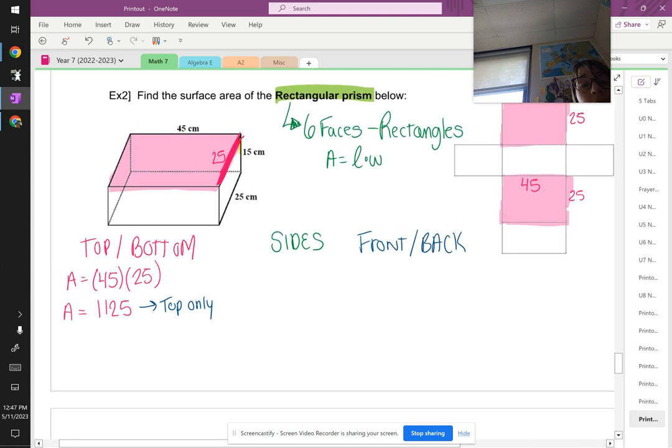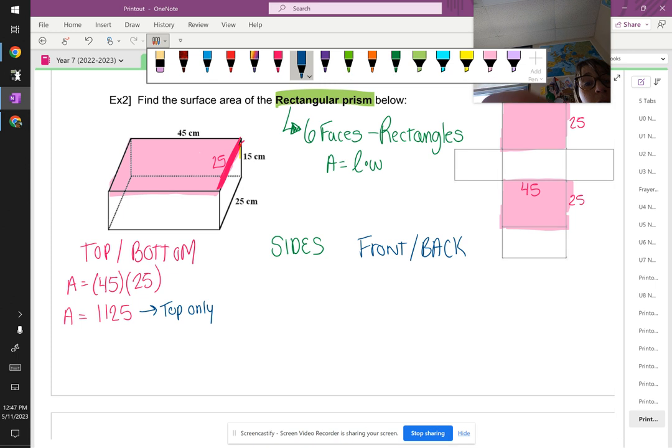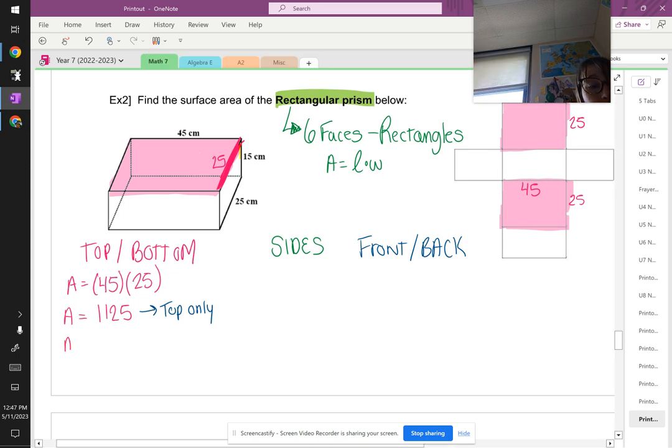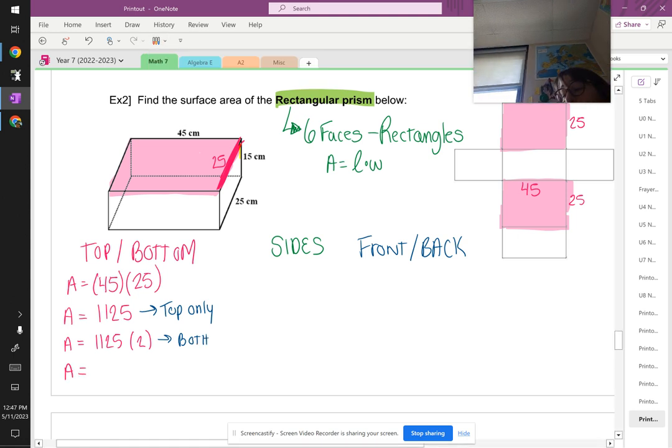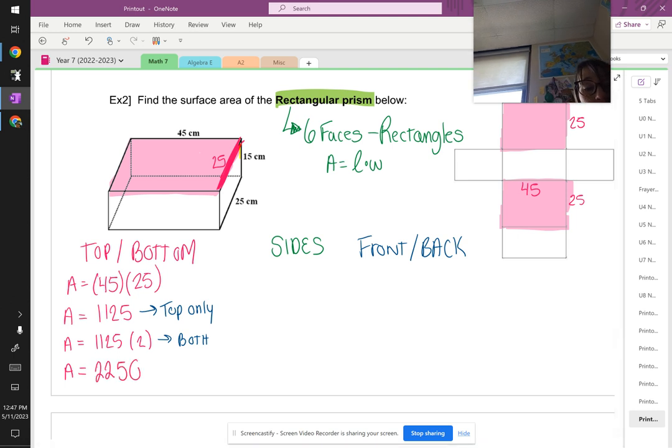So in order to consider the bottom, which is the same exact thing as that rectangle, we're just going to take that 1125 and multiply it by 2 so that we're considering both the top and the bottom. The 1125 times 2 gives us an area of 2250 centimeters squared.